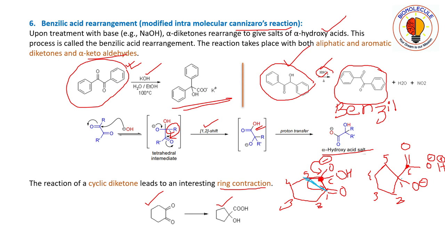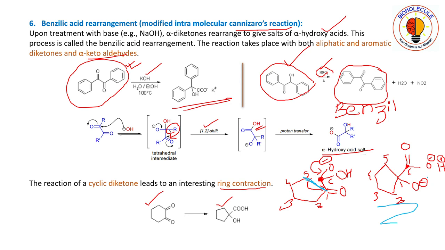So now you are getting this bond between 1 and 5 carbon and bond between 5 and 6 is broken, okay. That is, if I erase this one, so now you see bond between 5 and 6 is broken, so you are getting this 5 membered ring along with this acidic group, that is the sixth carbon is now free, okay.